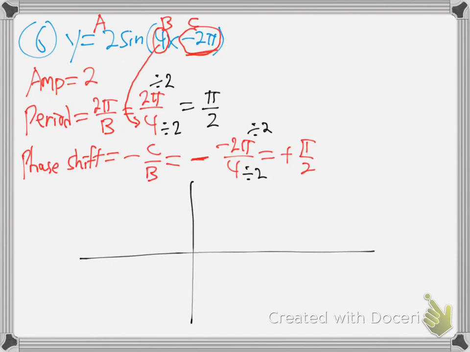All right, look back at the last example about how you find the start. So first thing you got to do is find the start and the end. So where does the graph start?